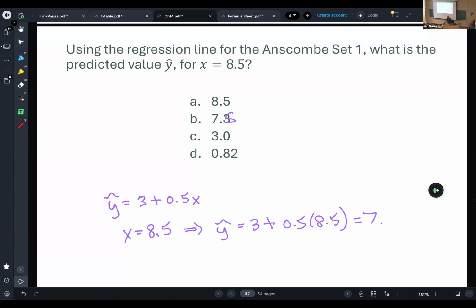Okay, 3 plus 0.5 times 8.5 is 7.25. So it would round to 7.3.